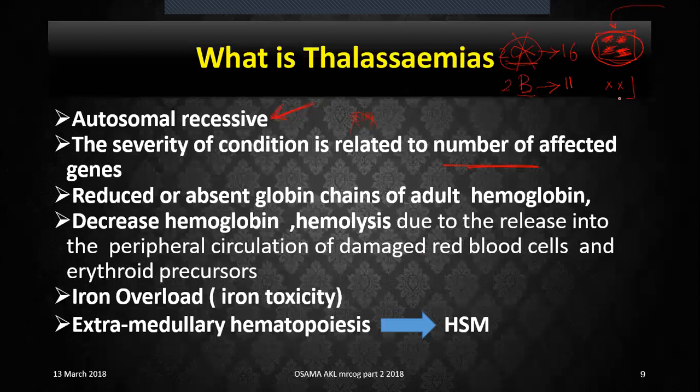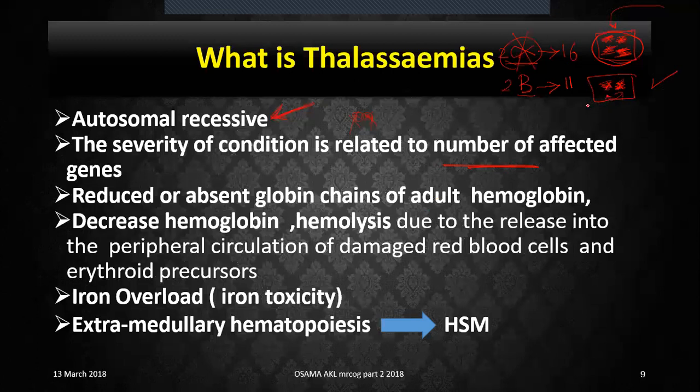In beta subunit, if 2 genes are present, this is a normal person. There may be absence of 1 gene, this is a carrier. There may be absence of 2 genes, this is called beta-thalassemia major, or maybe absence of 1 gene and partial absence of the second one. So we have intermediate.